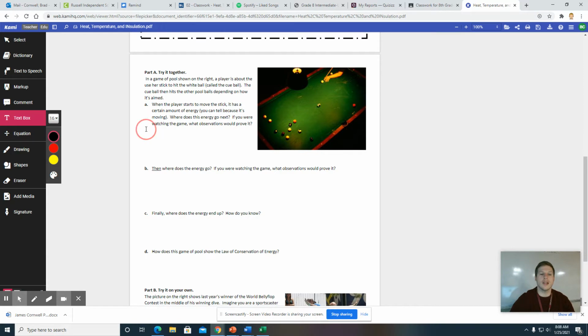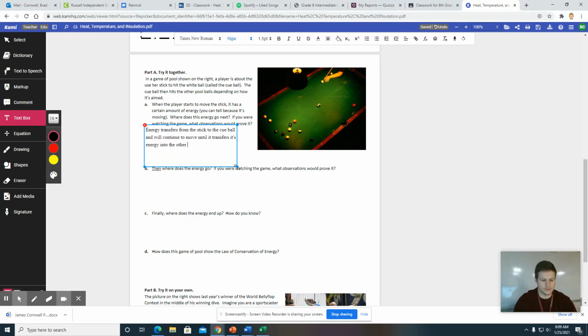So, for instance, right here, you would say something along the lines of: energy transfers from the stick to the cue ball, and it will continue to move until it transfers its energy into the other pool balls.